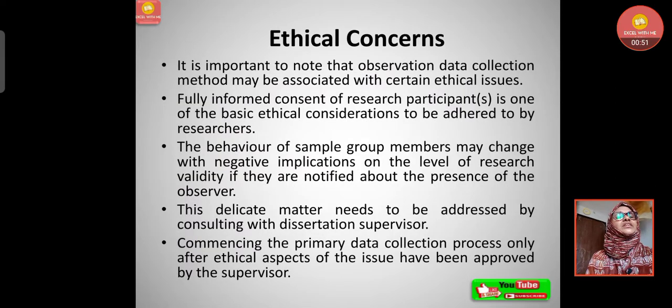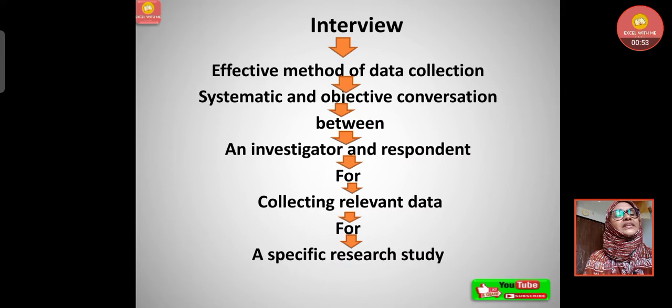Today we are going to discuss the second technique of research, that is interview. Now it is an effective method of data collection. Obviously, when we go personally and ask questions about the subject and whatever research we are going into in detail, person to person, we can get the data.